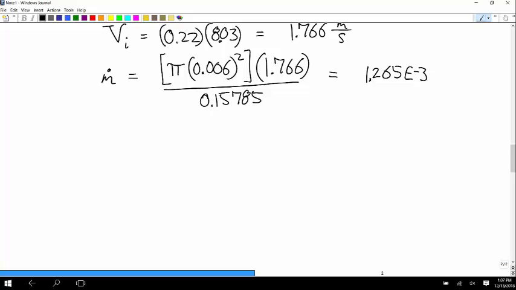And what are the units for this? We've been doing everything in SI units, so this is kilograms per second.